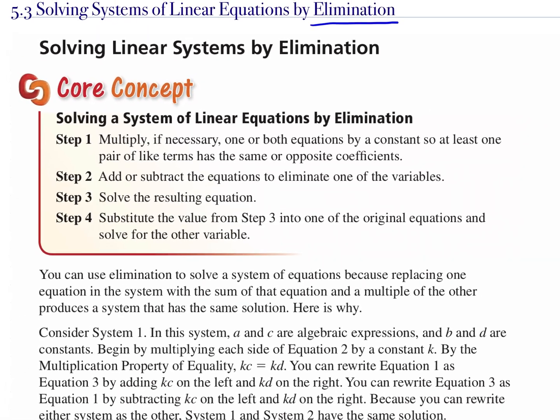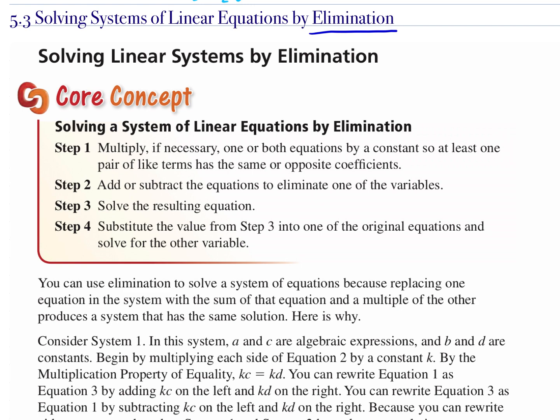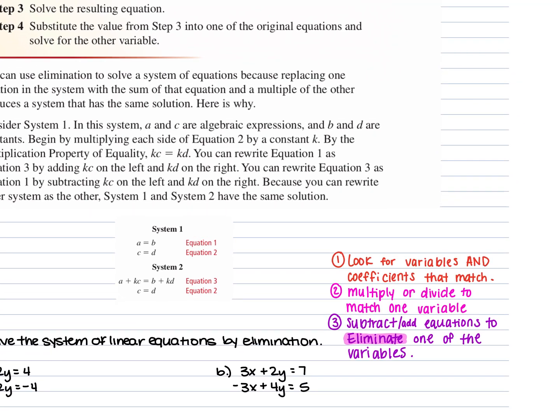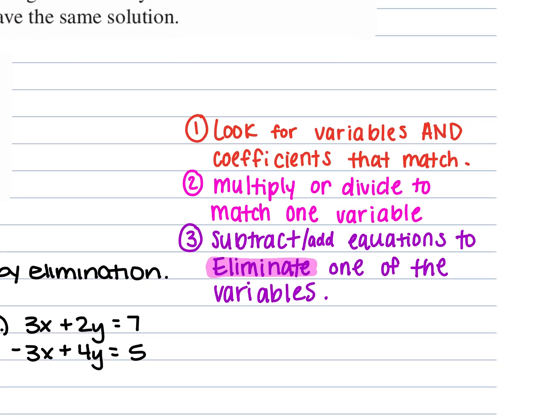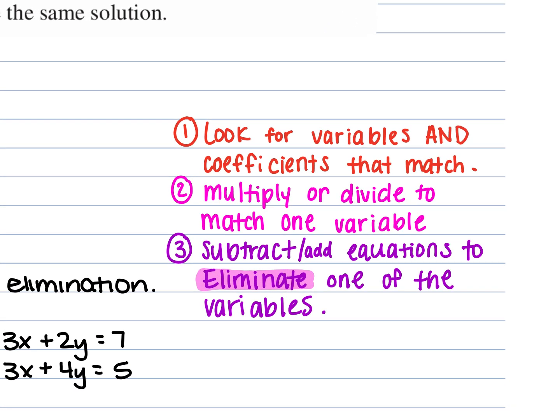So 5.3, solving linear systems by elimination. Mr. Yurko made a little steps down here, 1, 2, and 3. I think this is a little bit more helpful than how the book explains it. Step 1 is we want to look for variables and coefficients that match.